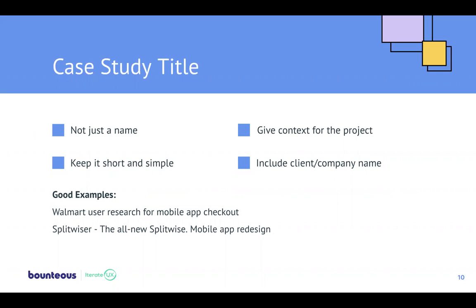So here you can see we've mentioned what this app is, what we have done in the app in that particular project, and what it is related to. So if you've pretty much summed up your entire project in that particular title, this is what a good title is.